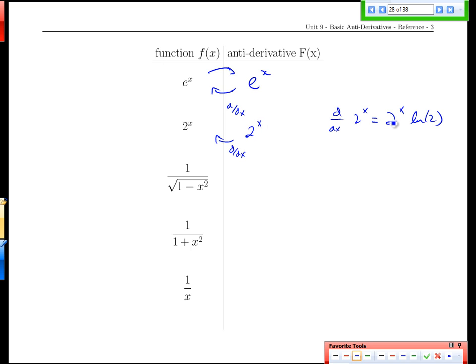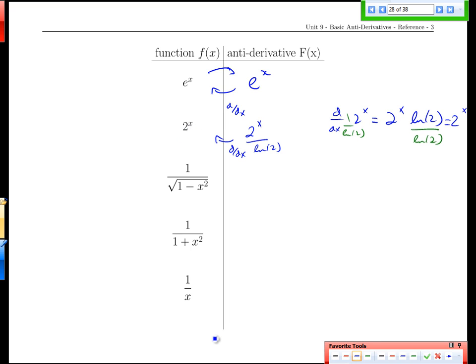Because I differentiate 2 to the x, I get something extra that I don't want. There's no ln of 2 out front. Fortunately, it's easy to fix, because ln of 2 is just a constant. If we put a 1 over ln 2 times this, we'll get the same derivative over ln 2. These will cancel, and we'll get back to our 2 to the x. So 2 to the x over ln of 2 is the antiderivative of 2 to the x.